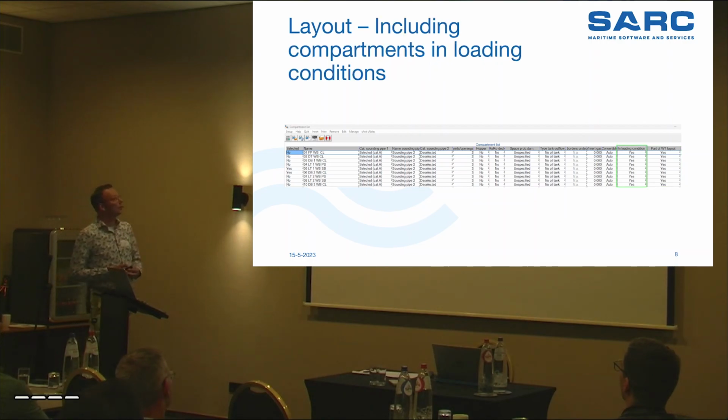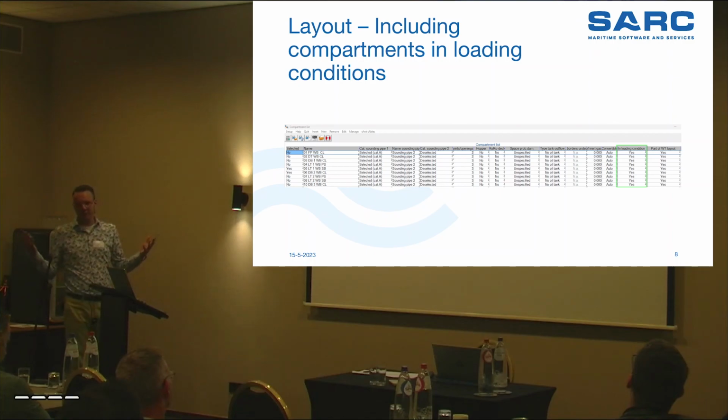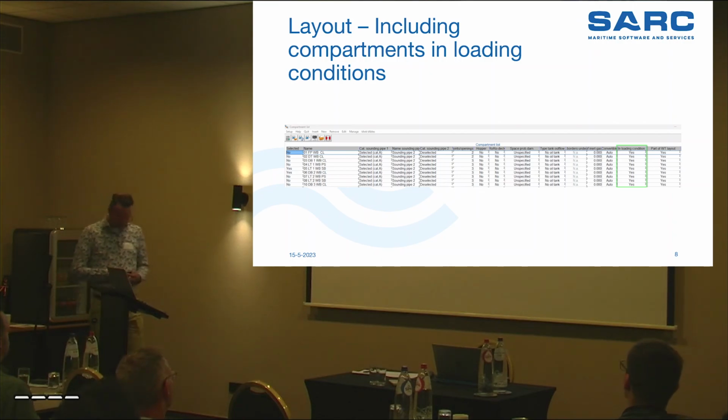This can also be done for including or excluding compartments in the loading condition. For example, an engine room does not need to be included in a loading condition, and can therefore be excluded in, for example, this column.